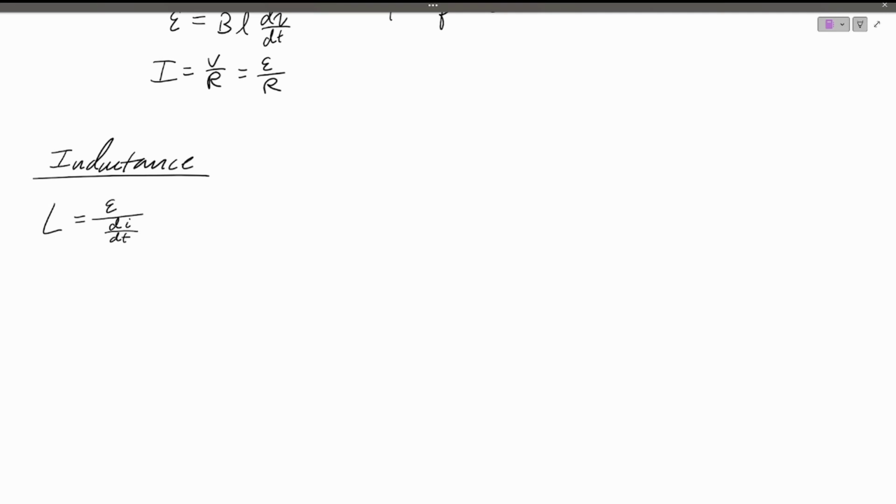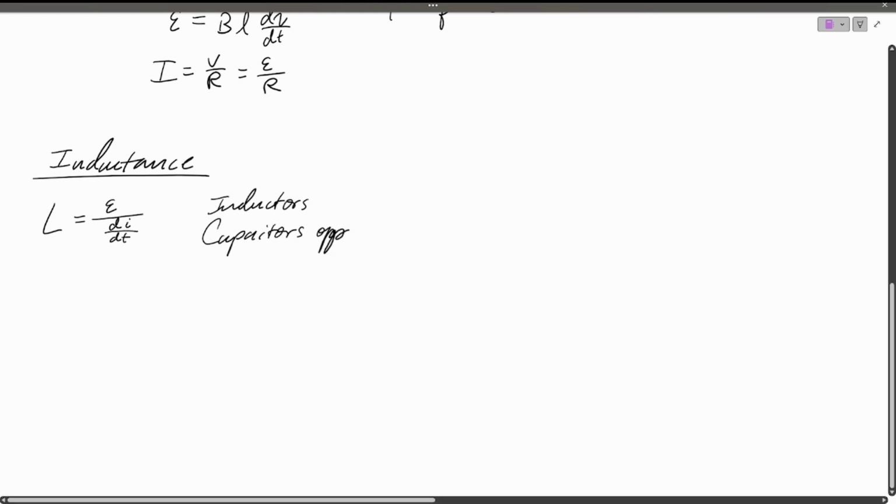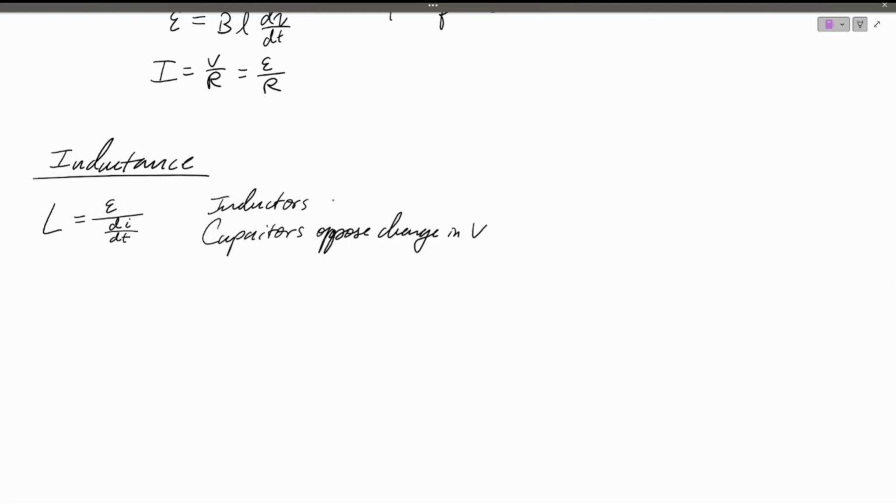So I guess now that we're moving on to circuit analysis, conceptually, inductors are analogous to capacitors, right? You have capacitors which oppose change in voltage.